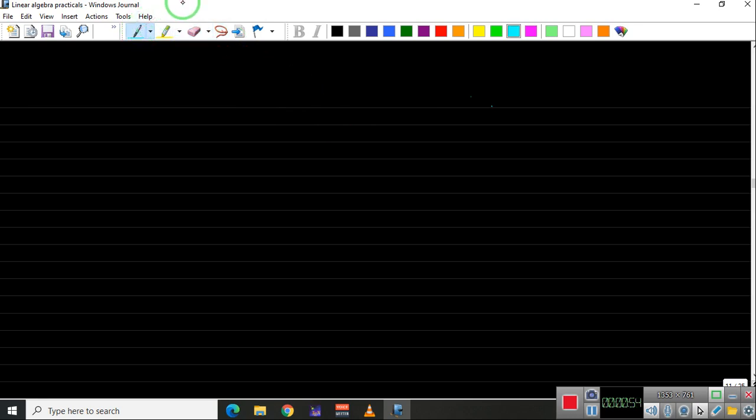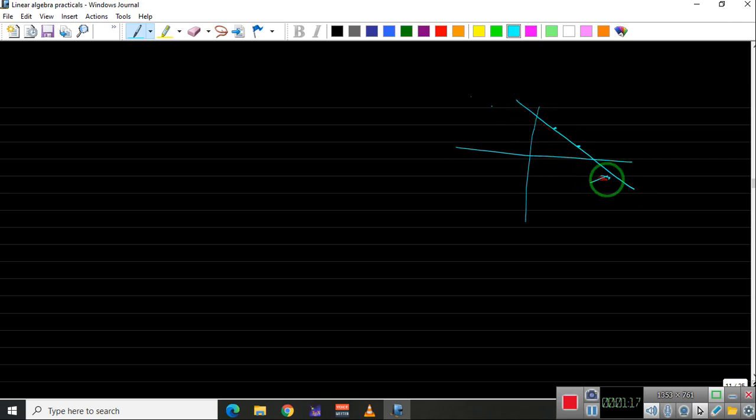Now recall, in analytical geometry, in the xy plane, suppose we have the x-axis and y-axis, something like this. Then if we have 2 points, say (x1, y1) and (x2, y2), we can always have a straight line which passes through these 2 points.